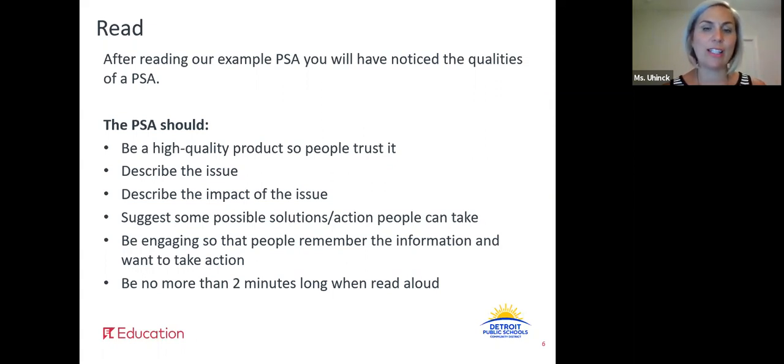And then you're going to suggest some possible solutions or actions people can take. And remember, we saw that yesterday, in which they gave you some ideas of how you can help fight hunger. And then be engaging so that people remember the information and want to take action. And the last thing in the PSA is be no more than 2 minutes long when read aloud.